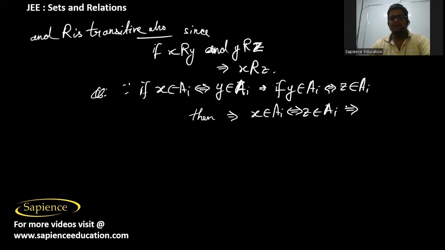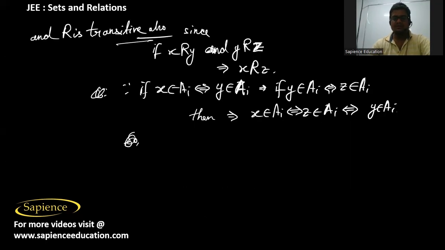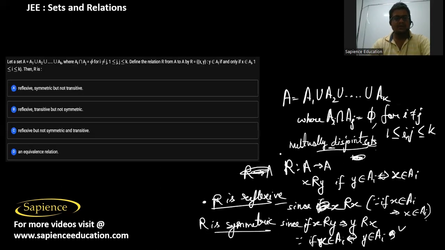So R is transitive, reflexive and symmetric. Therefore, R is an equivalence relation. So option D is the correct answer.